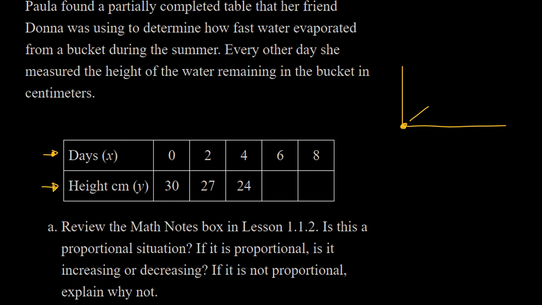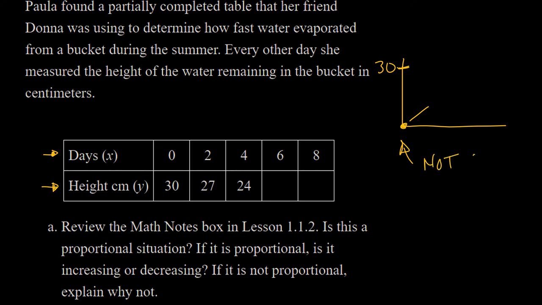But really, with this data the way it's written, at day 0 I'm at 30 centimeters. So I'd have to say no, because it's not going through the origin. It's not proportional. If it's not proportional, explain why not.